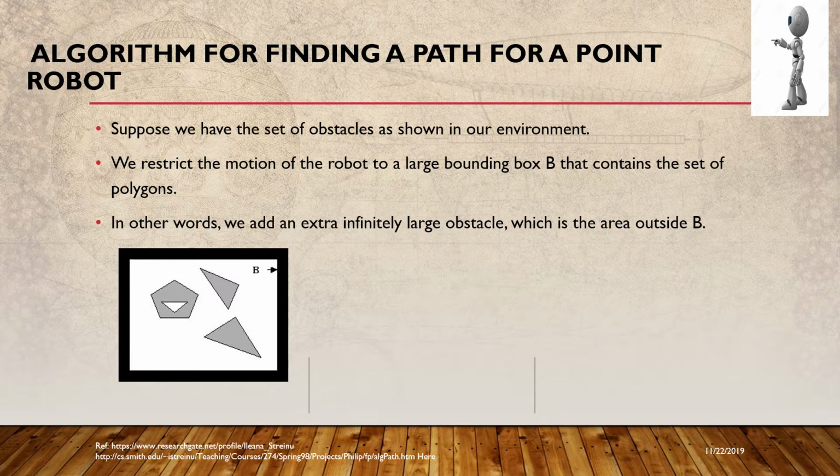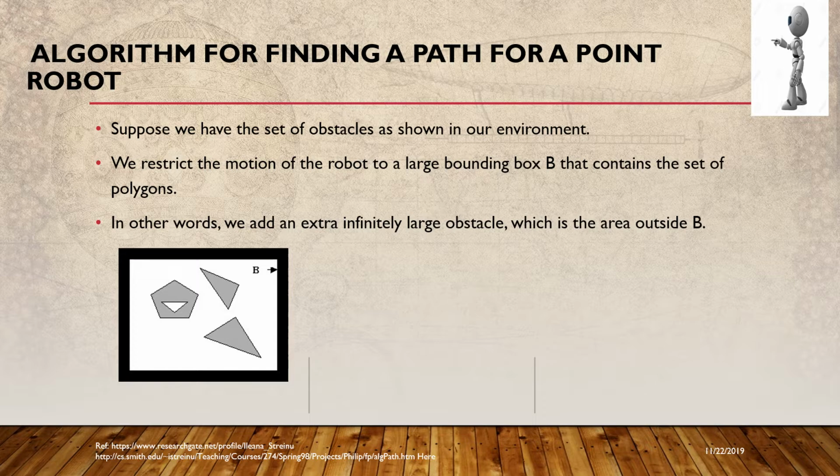Let us see now, suppose we have got a set of obstacles as shown in the environment in the figure. We restrict the motion of the robot to a large boundary or bounding box B that contains a set of polygons.